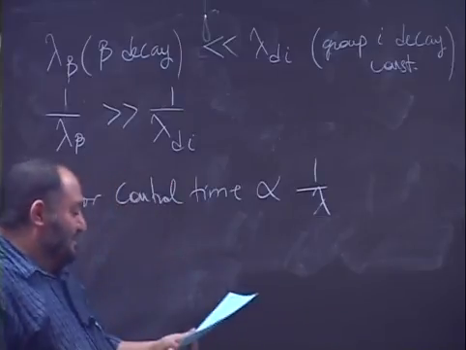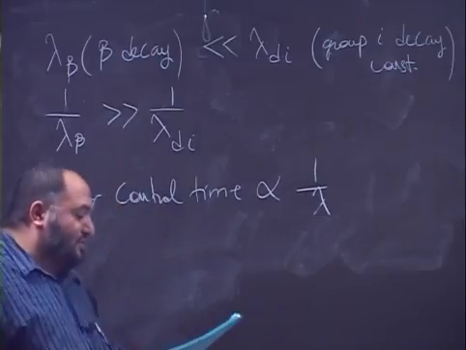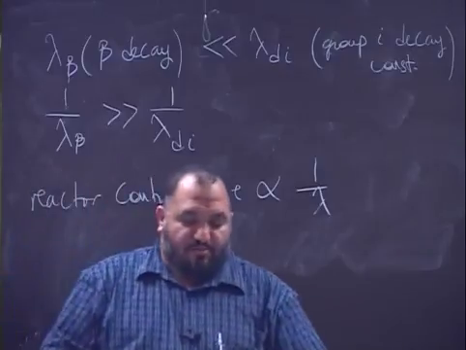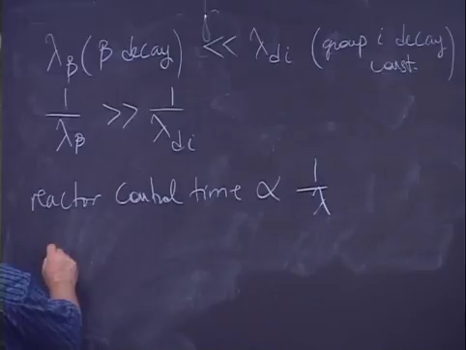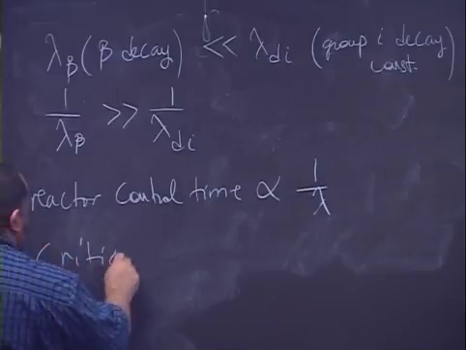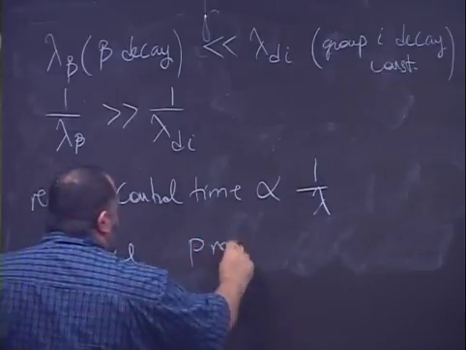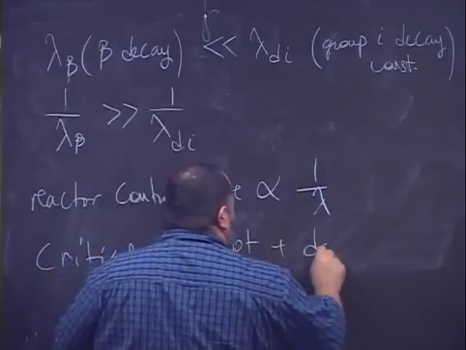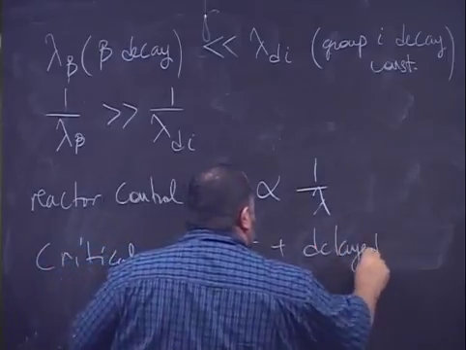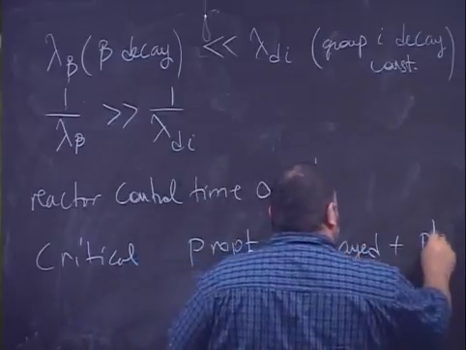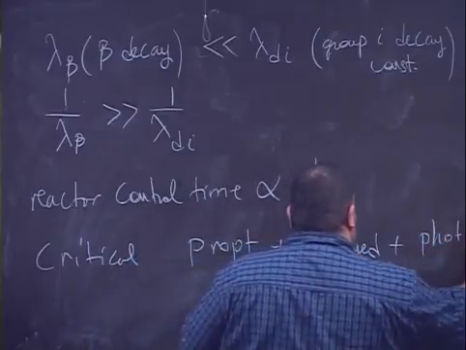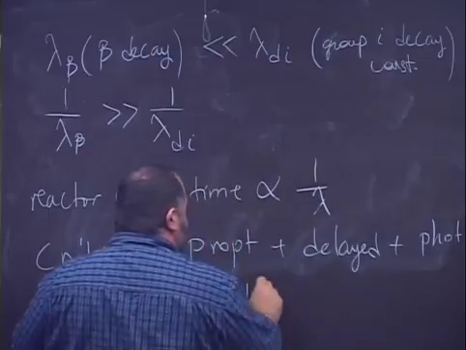So when you design, the reactor is critical on prompt plus delayed plus photoneutron. So this is 10 to the power of what?